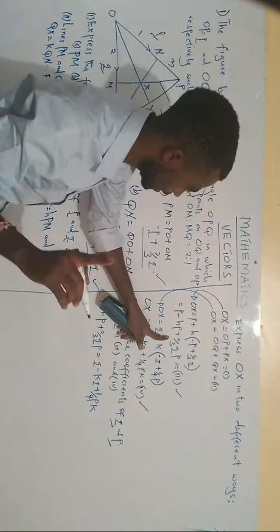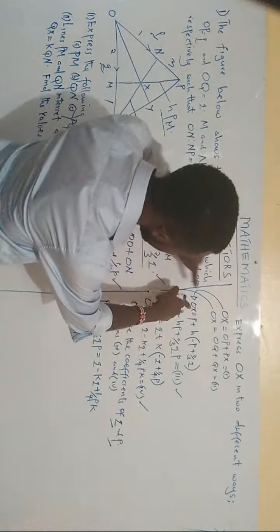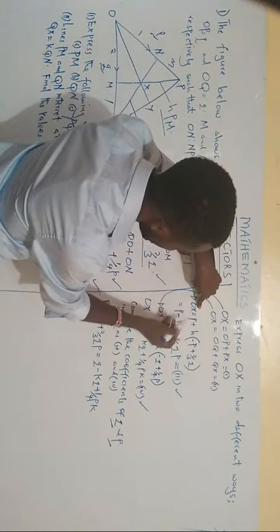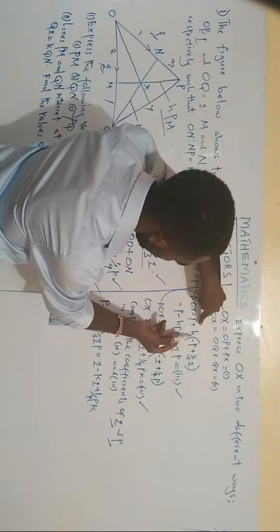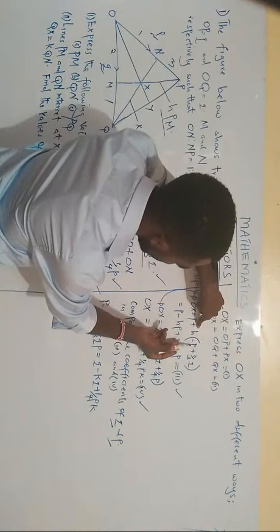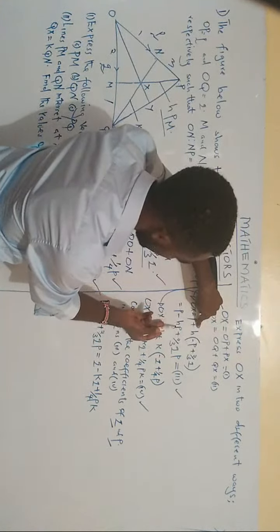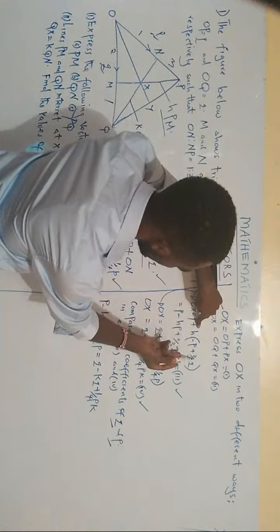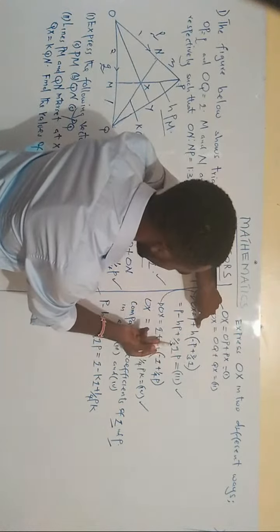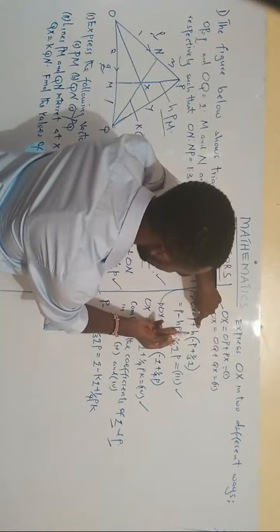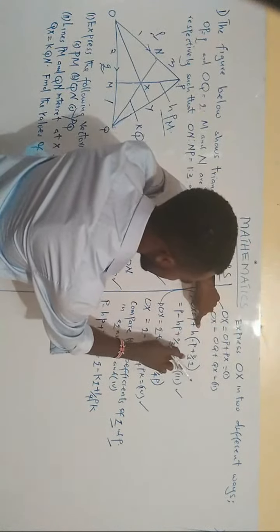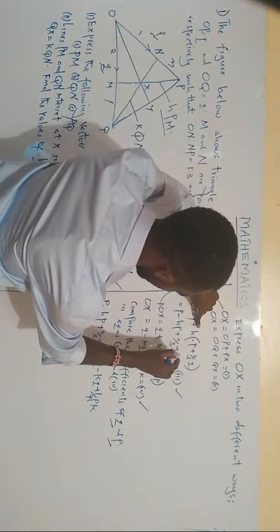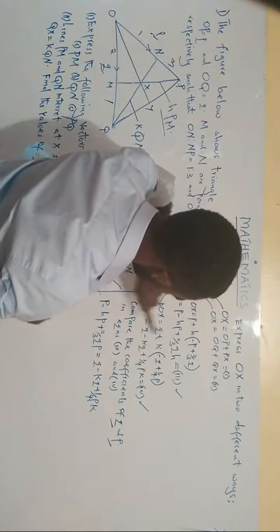Let's get back to these. OX was equal to P, then we open the brackets here. H multiplied by negative P is negative HP plus H multiplied by 2/3 Q, it is 2/3 QH. Are we together? I hope we are together. Let me clarify that. All right.